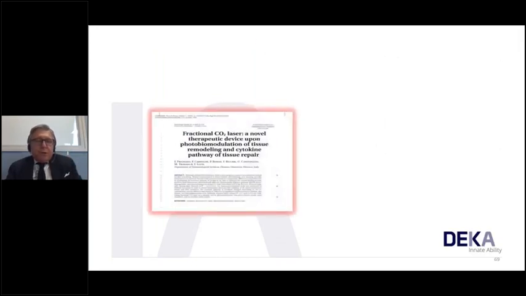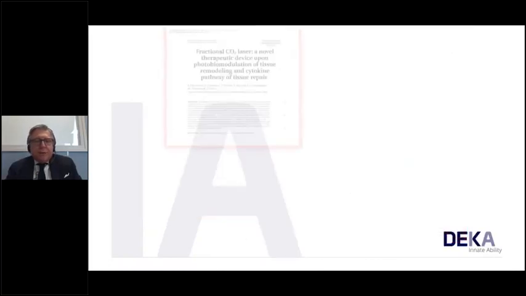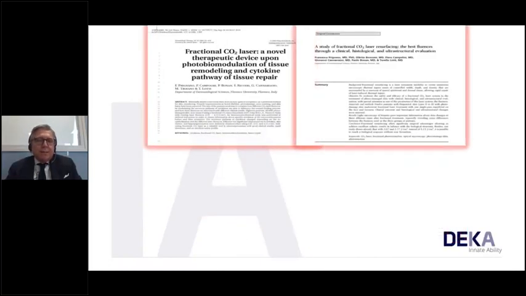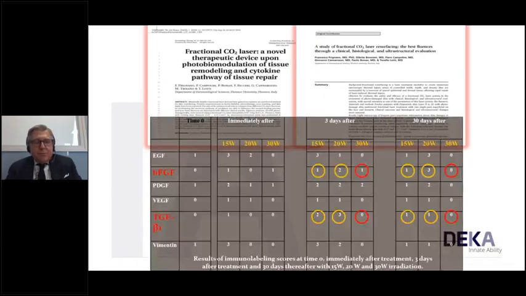Well, we published a lot over the past decade, but I want to focus our attention on these 2 studies where it's evident that after the treatment, the 2 main cytokines, FGF and TGF-beta1, that are balanced in the wound healing, are moved only, and above all, with the lower parameters at 3rd day and 30th day.